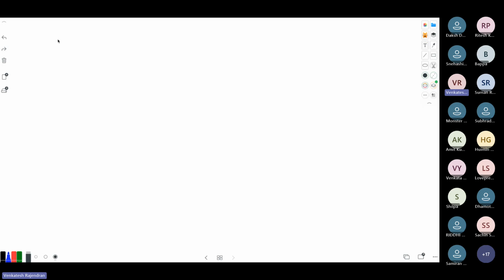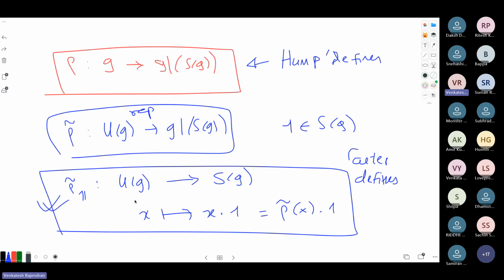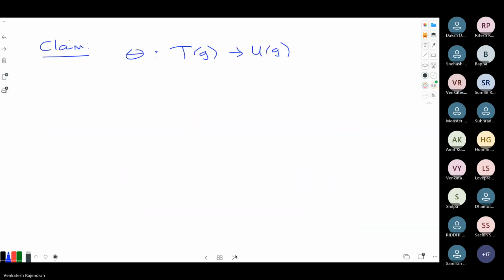We want a map from TG to UG. What I said earlier, you need to take the inverse. So here this is the isomorphism in some sense, but you need to take the inverse of this.